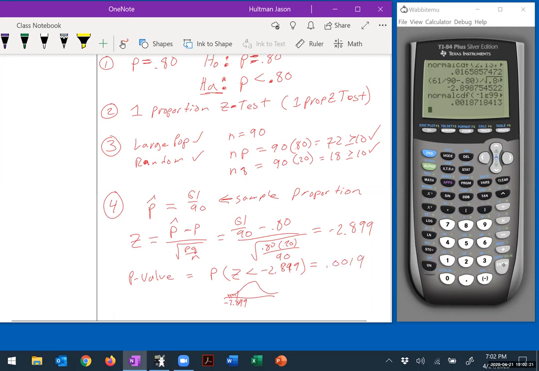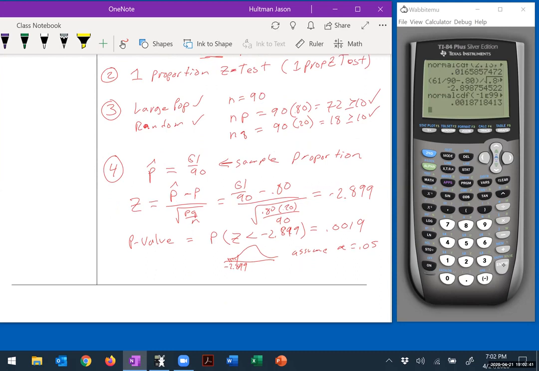Now they didn't give me what alpha was, so I'm going to assume alpha, what we're testing against, is 0.05. So we're going to test this. How does the p-value compare to alpha? Well, 0.0019 is significantly less than 0.05.